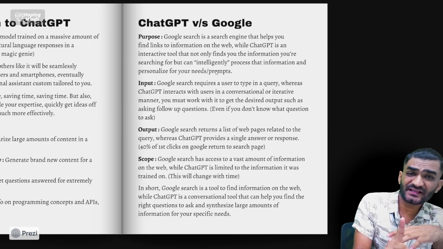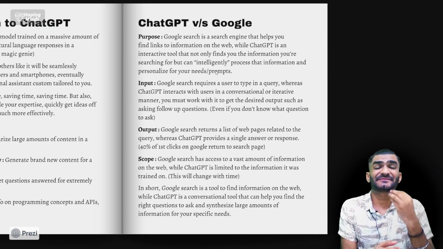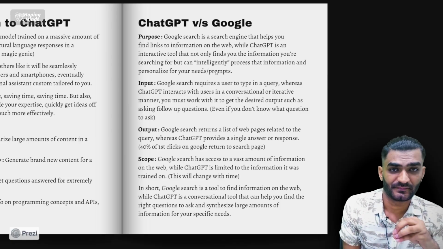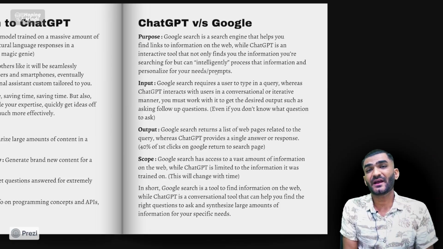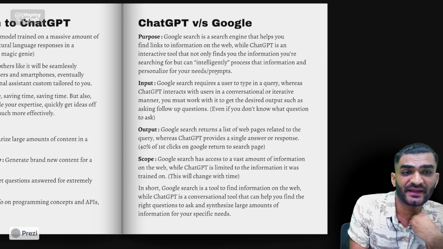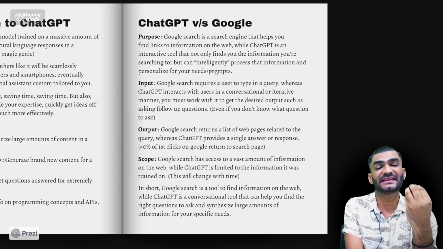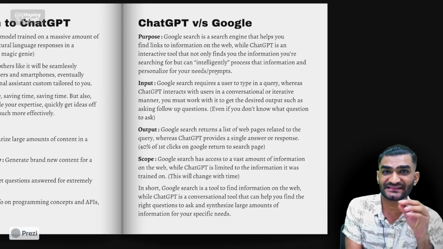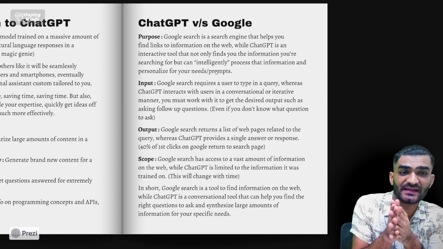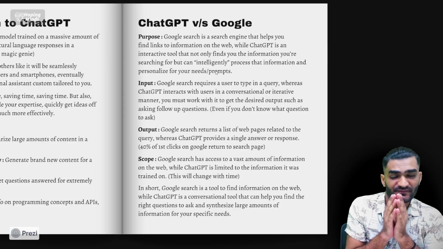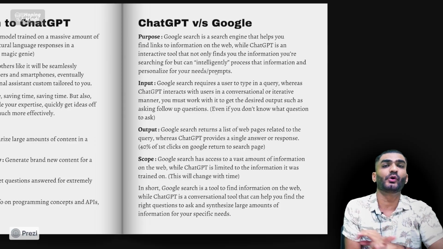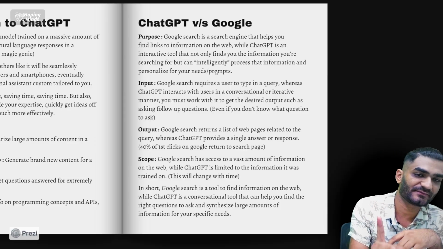But with ChatGPT, we can explain the whole problem, and depending upon the situation I am in, ChatGPT will give me the output accordingly. That is the major difference between the input that Google takes and the input that ChatGPT takes. Through ChatGPT, we can explain our whole scenario, but that is not the case with Google.